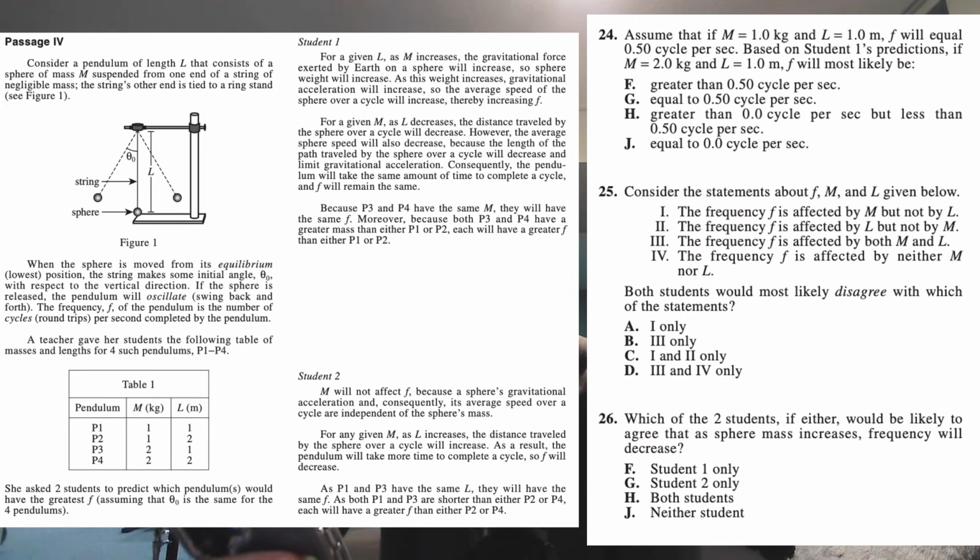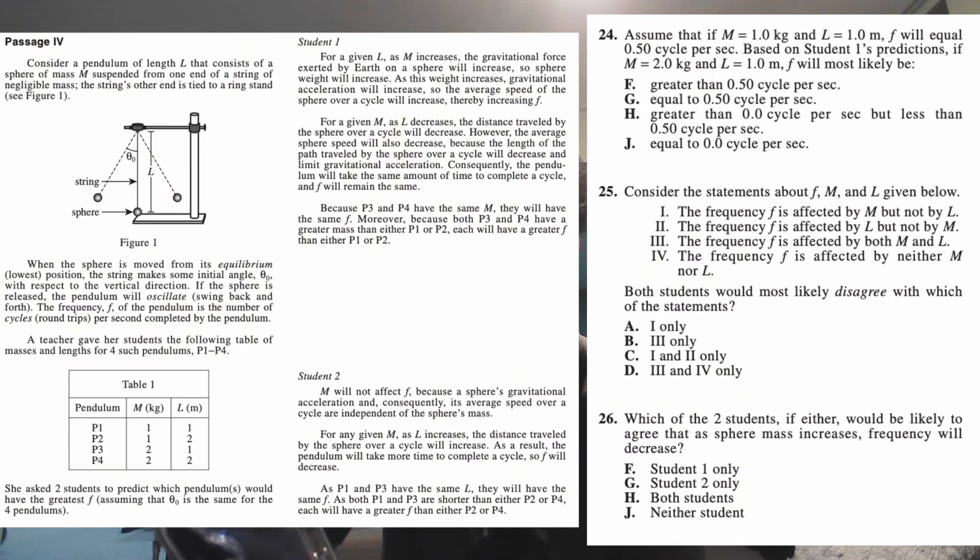Which of the two students, if either, would be likely to agree that as sphere mass increases, frequency will decrease? Okay, let's look at student 1. What we're trying to see is the relationship between mass and frequency. Student 1 believes that as mass increases, F will also increase, so frequency will increase.